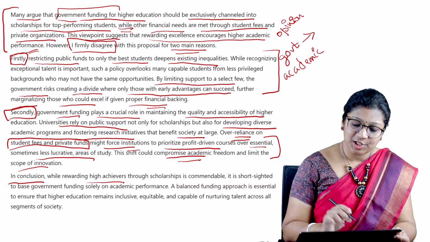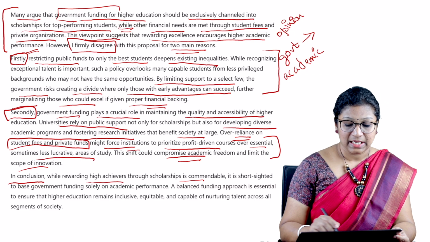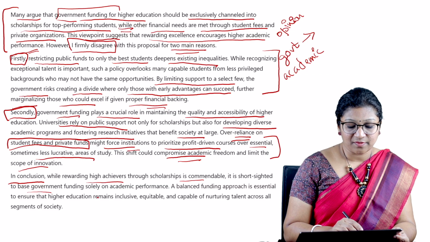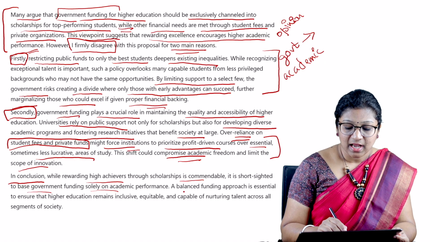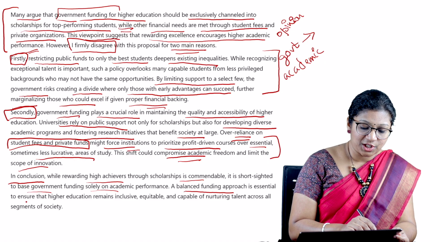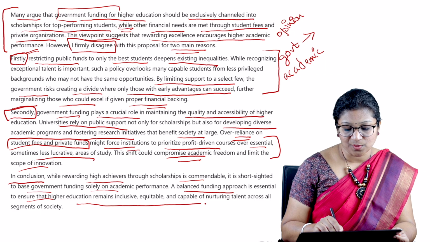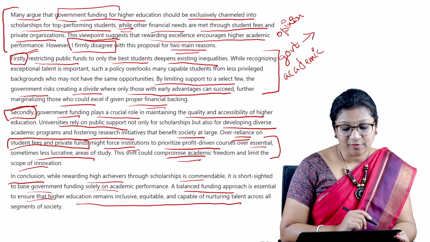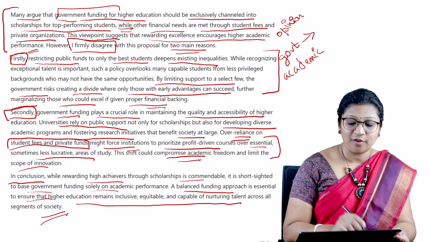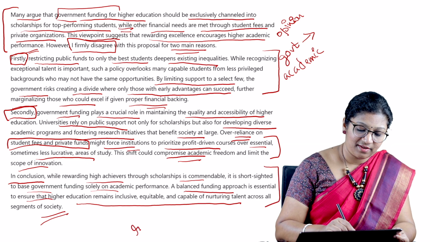While rewarding high achievers through scholarships is commendable, it is short-sighted to base government funding solely on academic performance. A balanced funding approach is essential to ensure that higher education remains inclusive, equitable and capable of nurturing talent across the segments of society. So I have restated.